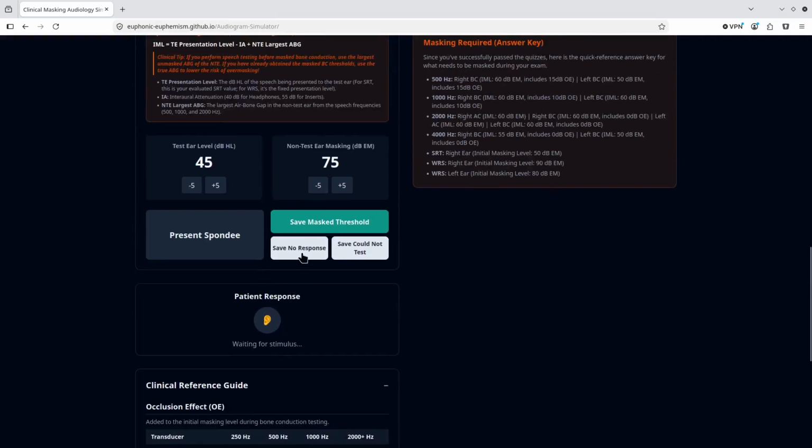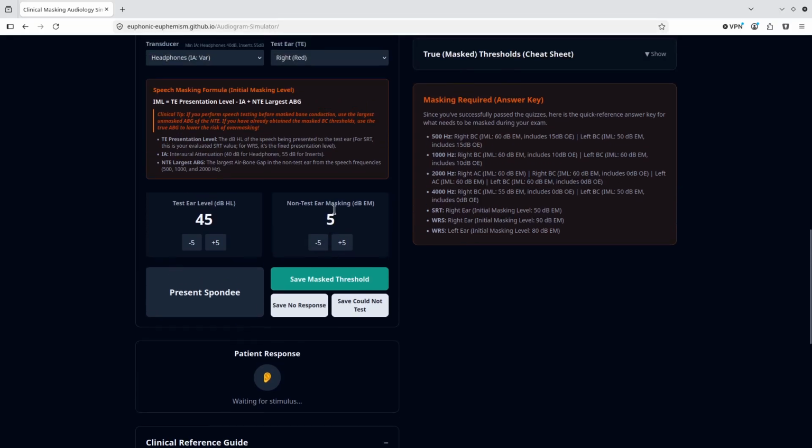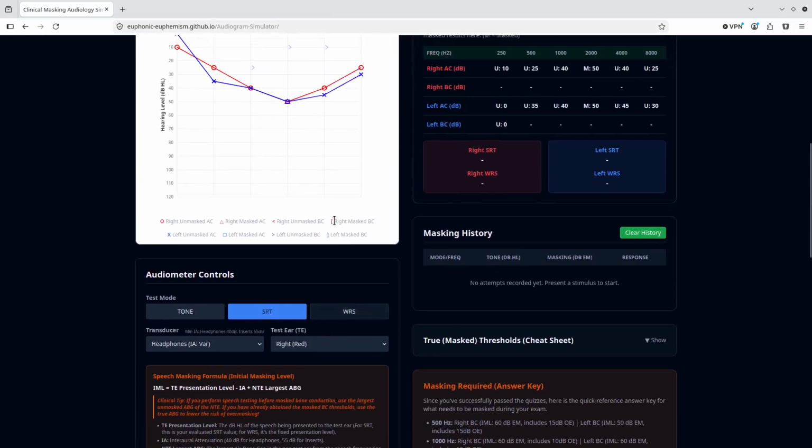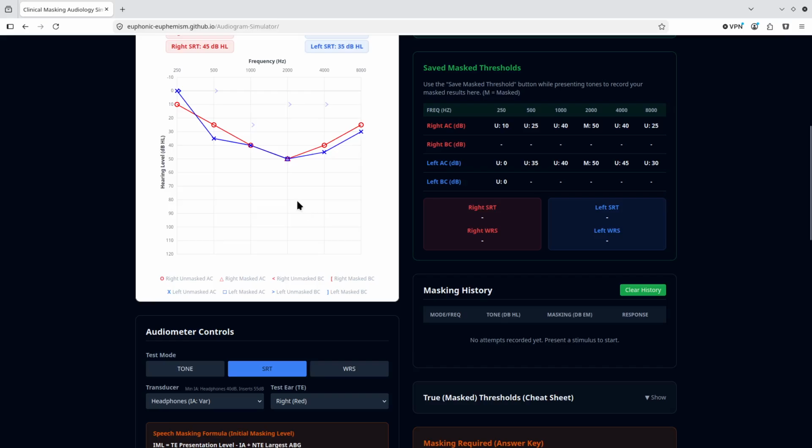That gives us 5. So we're going to start there at 5, plus largest air-bone gap in the non-test ear. So we're looking in the left ear for the largest air-bone gap in the non-test ear.